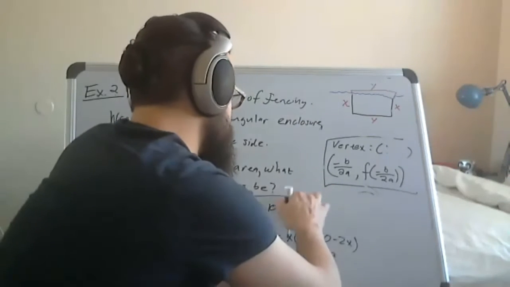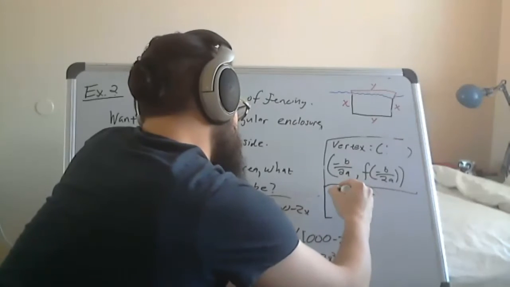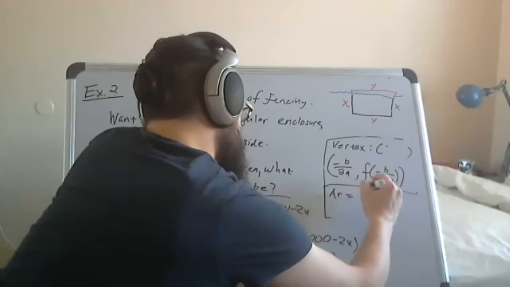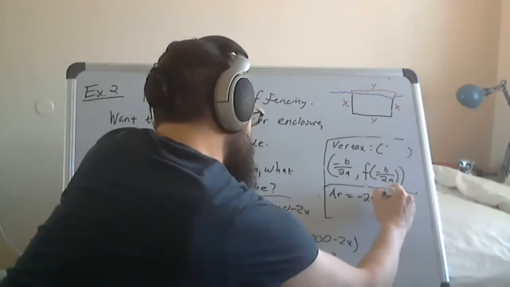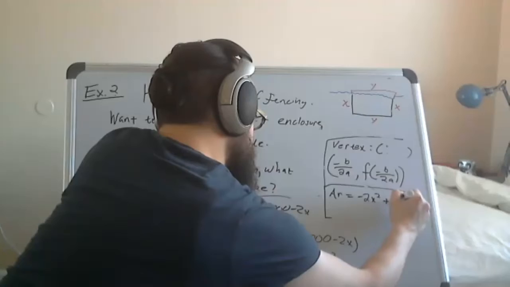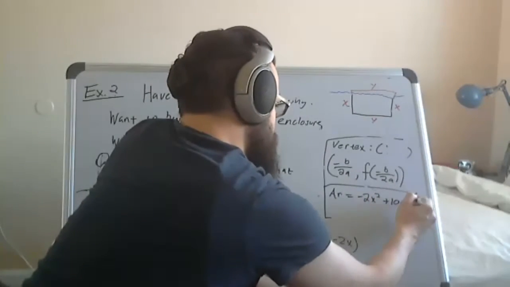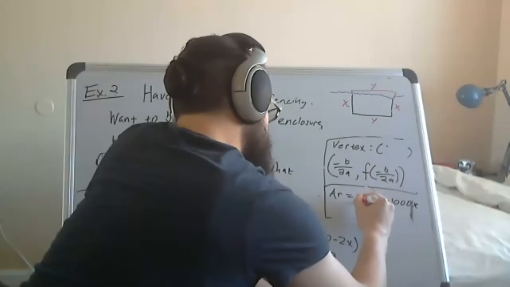Now, rewriting this slightly, so our area equation looks like this. And I'm just doing it in this order for a standard, familiar look. Oop, that's 1,000. But we have a quadratic.